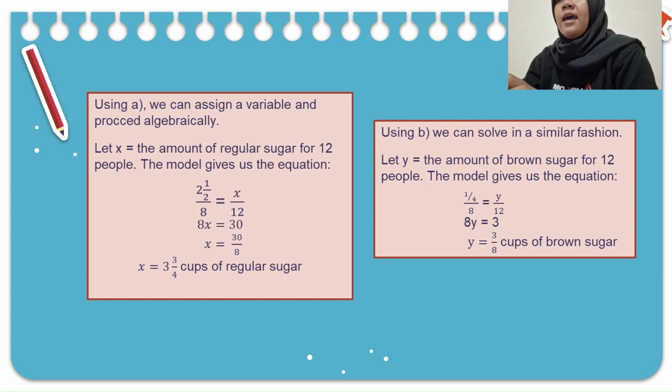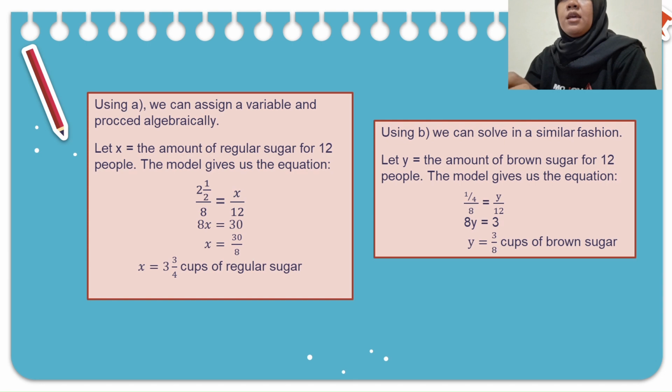Let x be the amount of regular sugar for 12 people. The model gives us the equation 2.5 over 8 is x over 12. And we have 8x is 30, and we divide by 8 on both sides, and we have x is 3 and 3/4 cups of regular sugar.